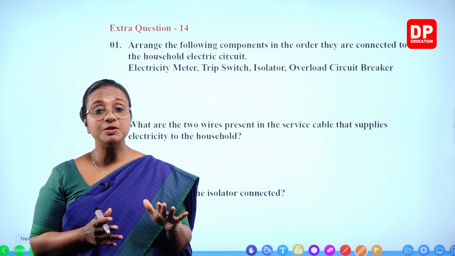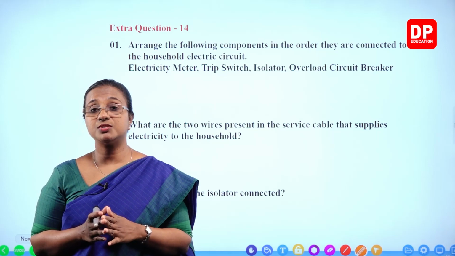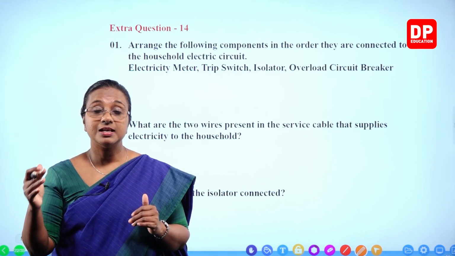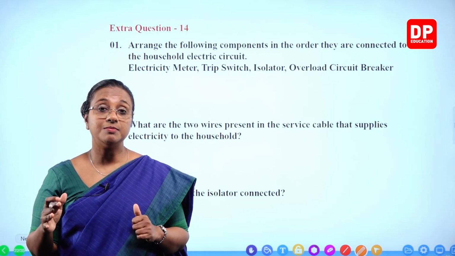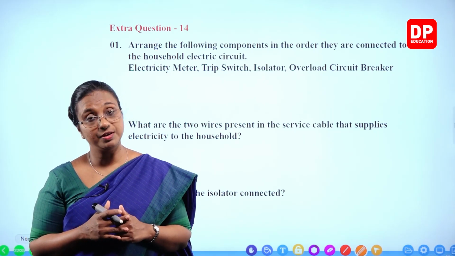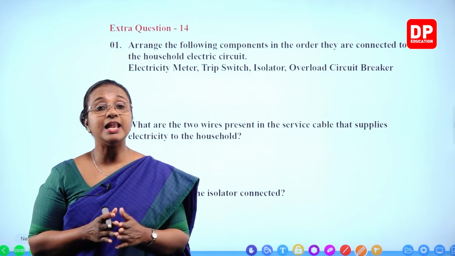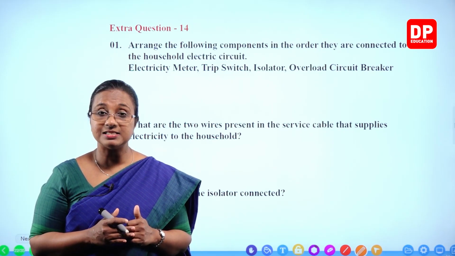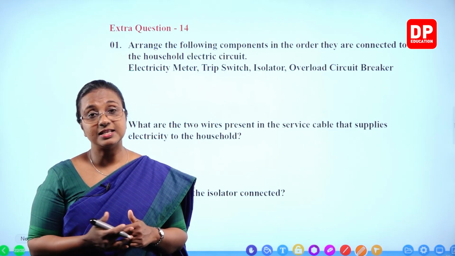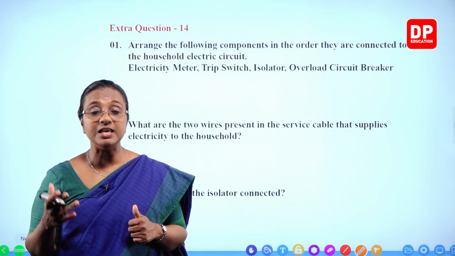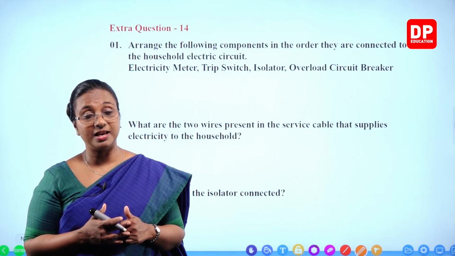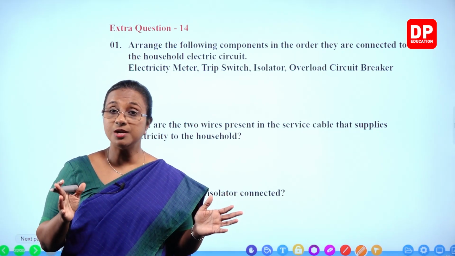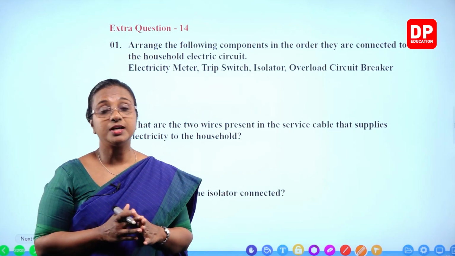From the distribution wires, electricity passes on to the supply cable. The supply cable is connected to the overload circuit breaker or the service fuse. Then it is the electricity meter, and thereafter the isolator, and after that the trip switch or the RCCB, residual current circuit breaker. From there, electricity is supplied to the distribution box. That is the order of components.